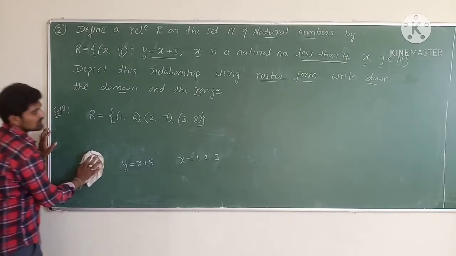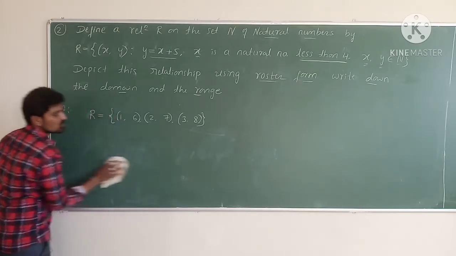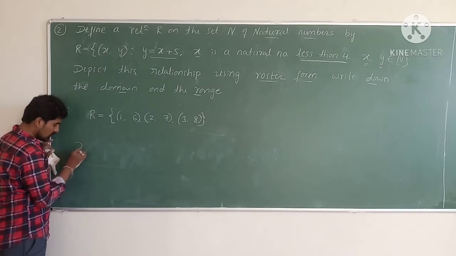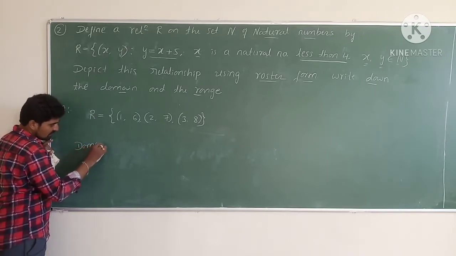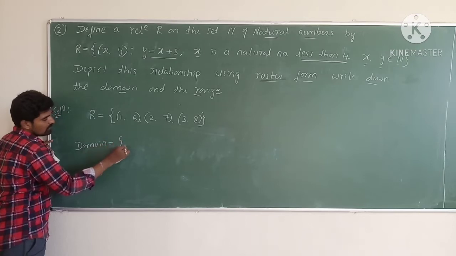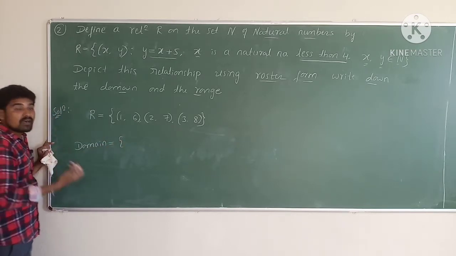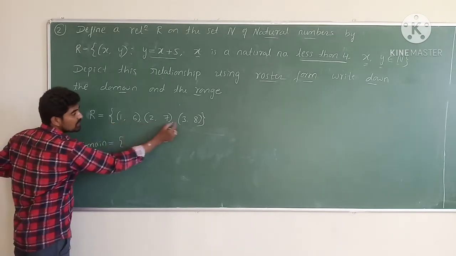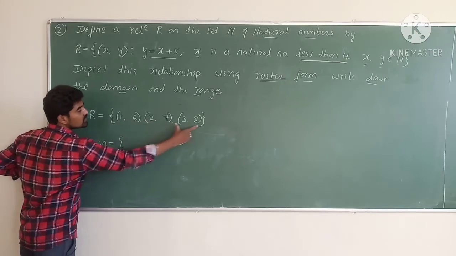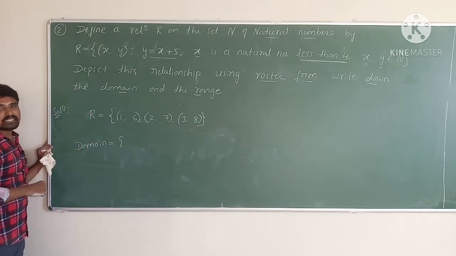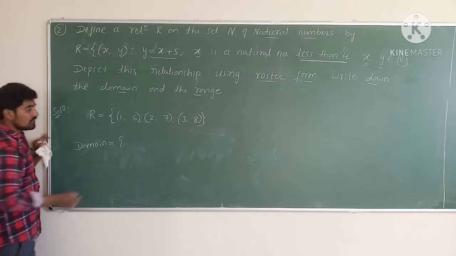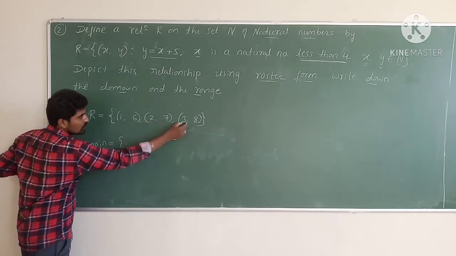Next, he has asked to find its domain and range. Therefore, the domain of the relation R, the set of all first elements of the ordered pairs in the relation R, is called the domain of the relation R. First elements are 1, 2, 3.